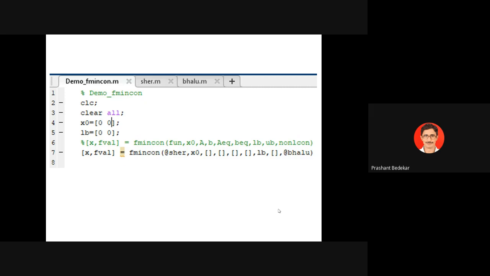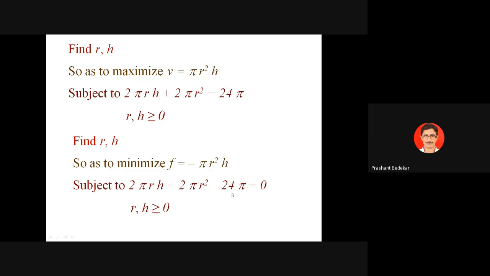Then x0 I have defined here. You can see x0 is 0, 0, the initial value. Then A, b, Aeq, beq: A and b take care of linear inequality, Aeq and beq take care of linear equality constraint. You can just see the problem and you will realize that in our problem we do not have any linear constraint.